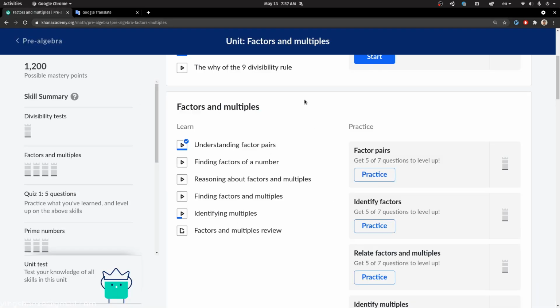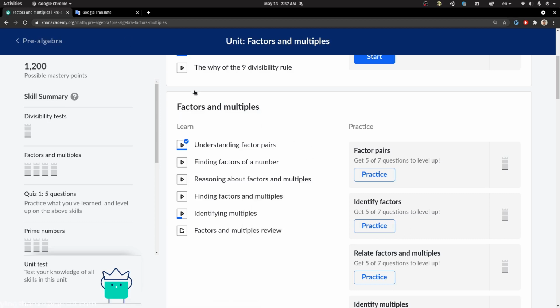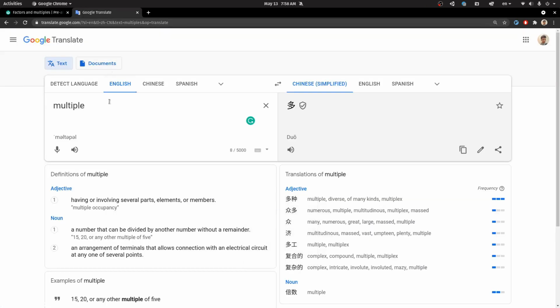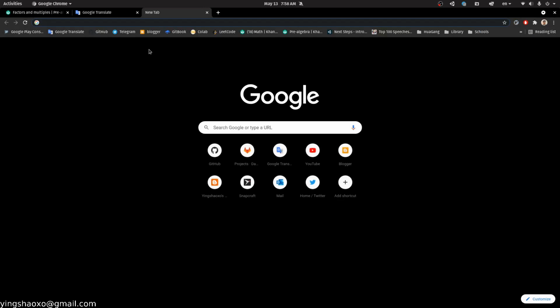Yes, I did. So it's basically asking for a number. Let's say we got 4. Will this be a multiple? Yes, of course. If you divide it by 2, you will get a whole number. Okay, that's still not so intuitive. Let's do a search.